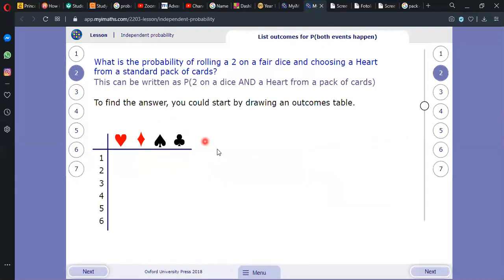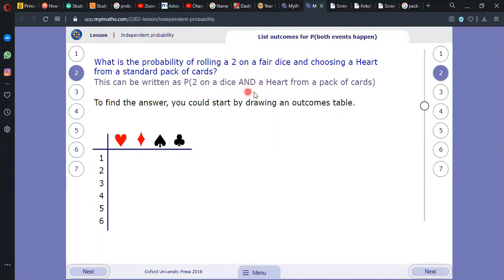Now, what is the probability of rolling a 2 on a fair dice and choosing a heart from a standard pack of cards? Now, you know, in probability, we can write that as P brackets 2 on a dice and a heart from a pack of cards. Now, you can see that that "and" that I have here is capitalized.